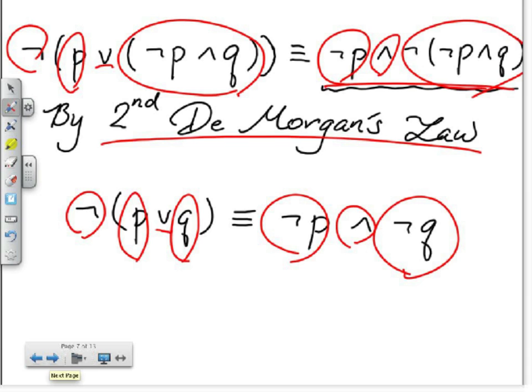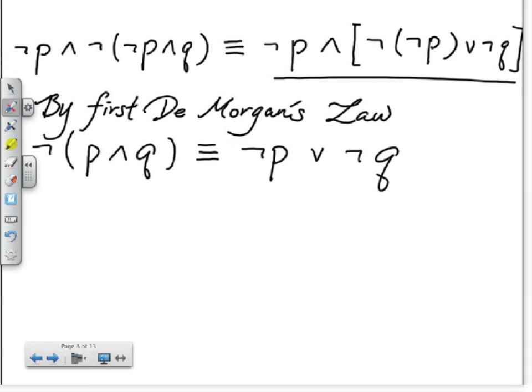Now it comes to this new statement, which is equivalent to the previous one. Now we use the first De Morgan's law. So the first De Morgan's law says not (P and Q) is equivalent to not P or not Q. Now I'll show you one more time how they correspond to each other.